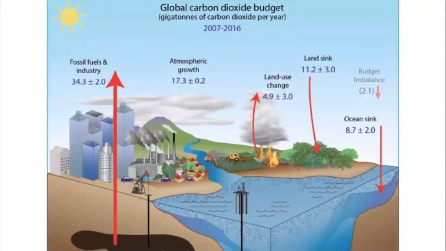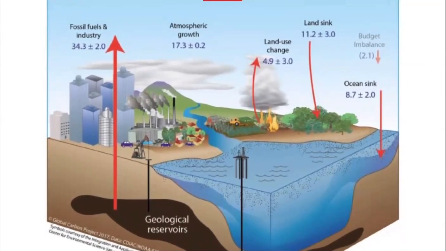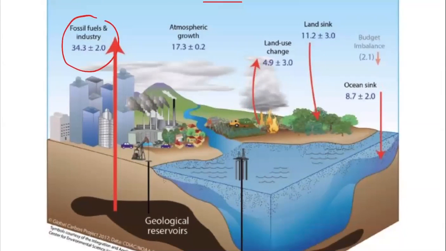So if we just break it down into the numbers, this is showing the emission or the capture of carbon dioxide over the years 2007 to 2016. So basically it's almost 10 years, right? You can see that the emission from the fossil fuel industry is much, much higher compared to other sources or sinks, okay?